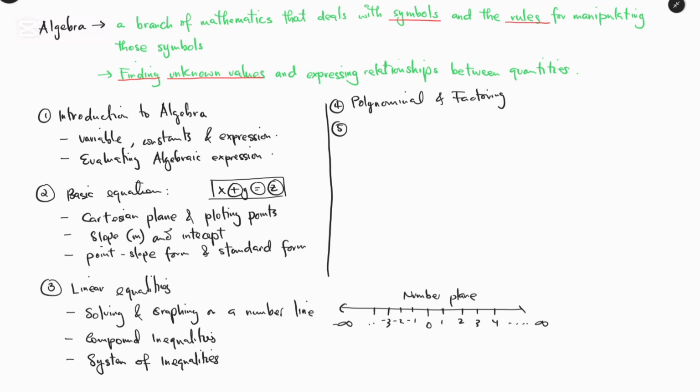And fifth, we can look at the rational expression and the radical. And sixth, we will look at the function and the graph, how mathematical functions are related to the graphs.